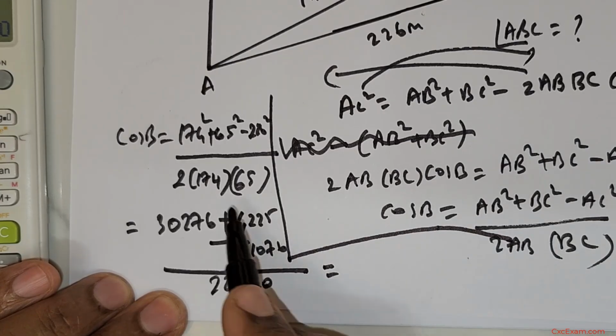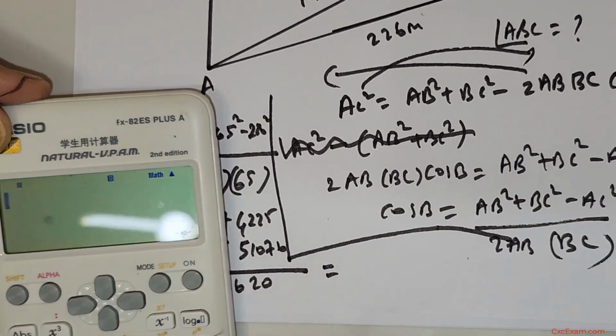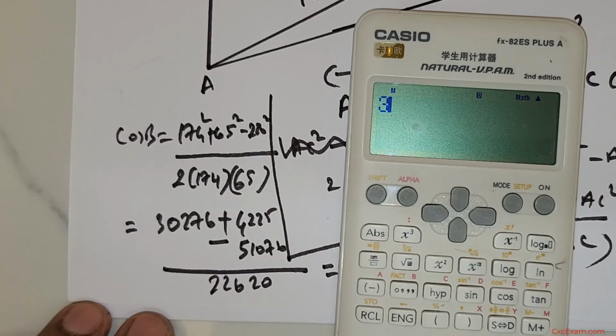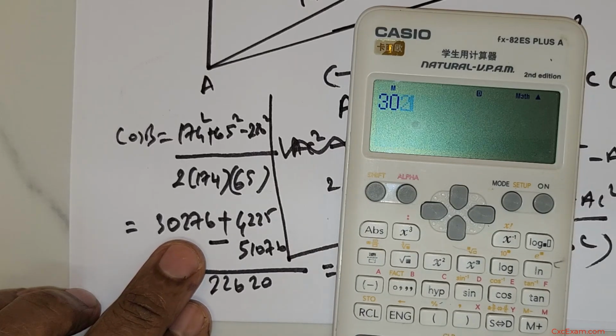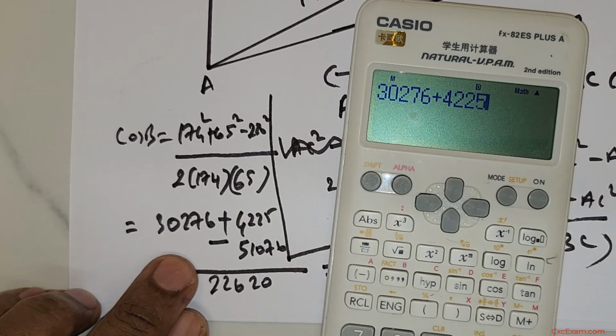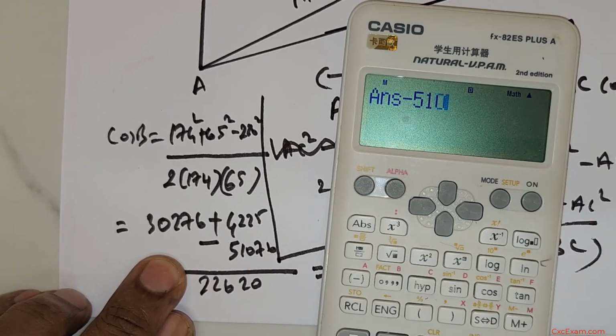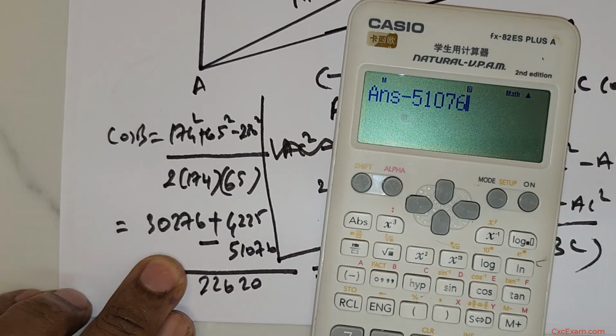So this is equal to, you evaluate this, what do you get? Let me show you the evaluation. 30276 plus 4225 minus 51076.